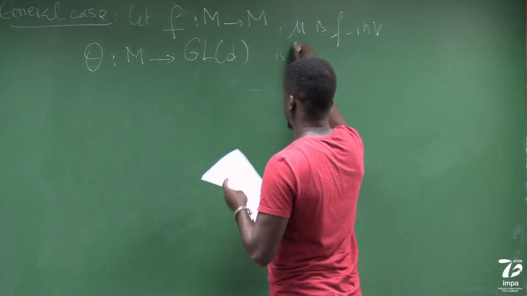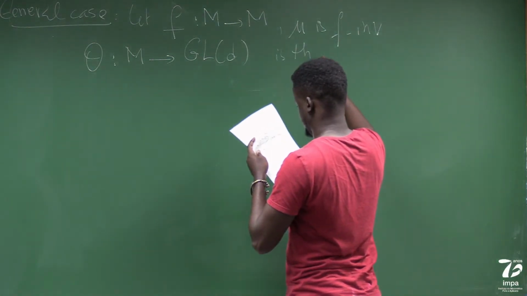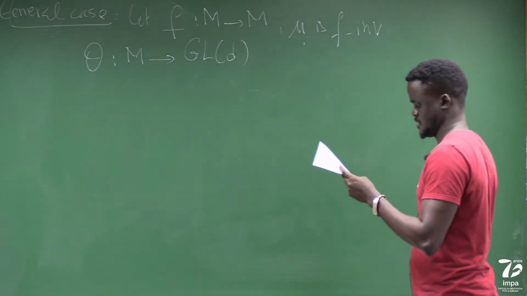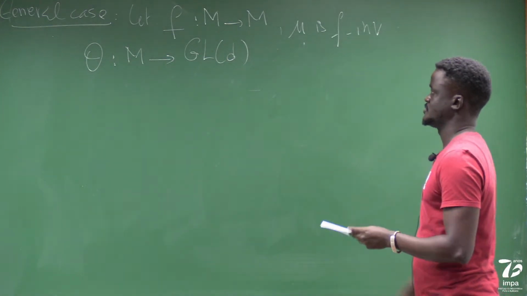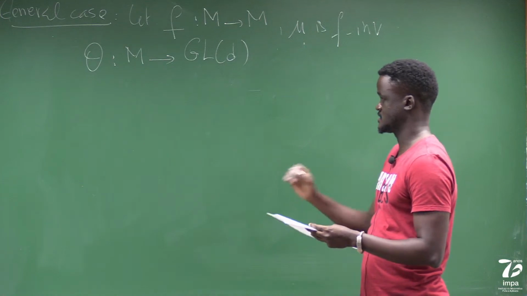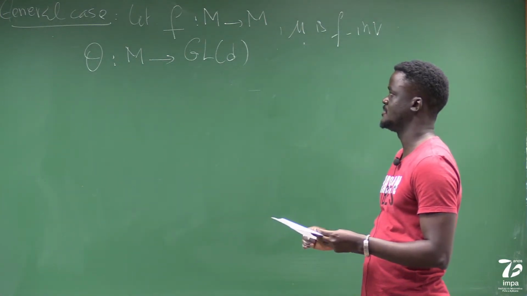This is just a way to choose different metrics for different points. Just assign a matrix to a point.